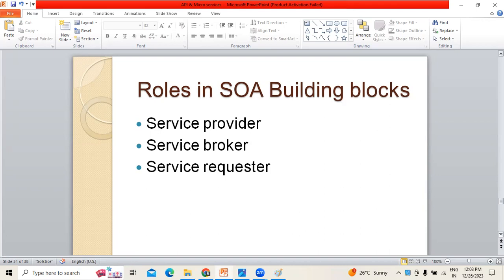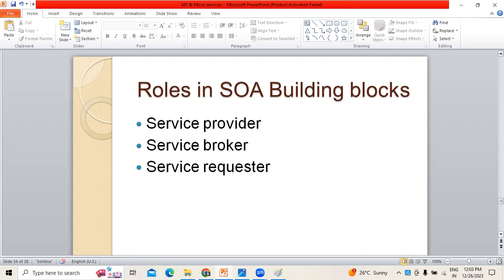You have asked me for running notes, right? Please write down: roles in service-oriented architecture in building blocks, as follows. The first one is called service provider.